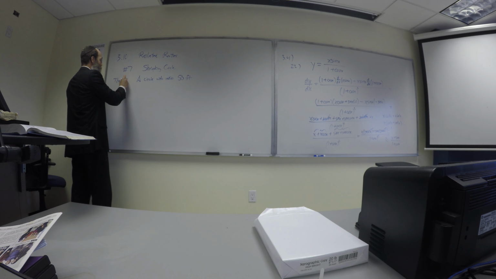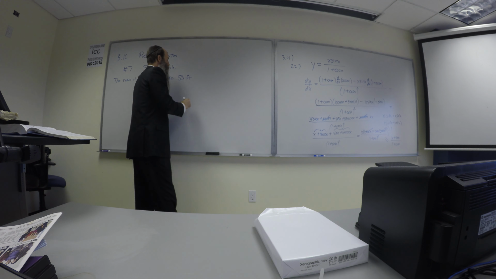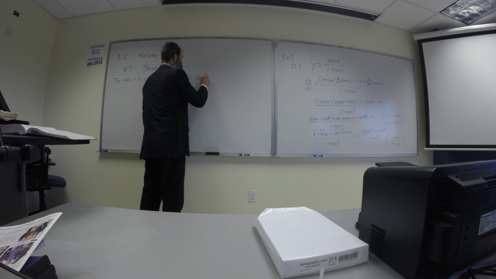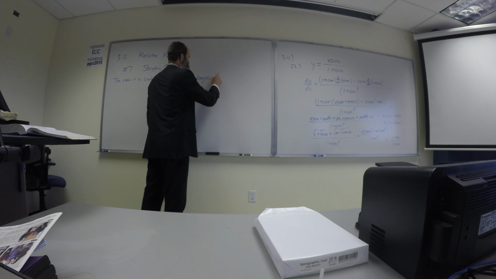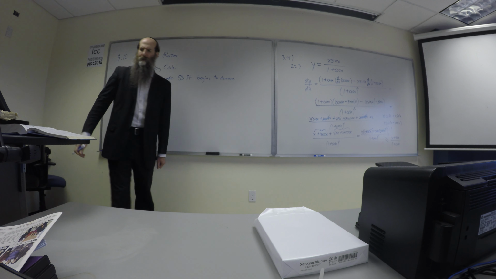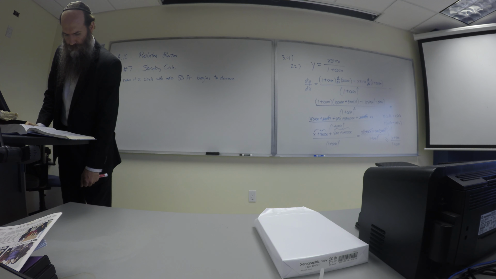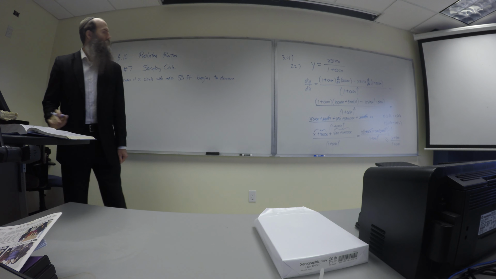The radius of a circle with radius 50 feet begins to decrease. So the radius of the circle begins to decrease at a rate of 2 feet per minute.